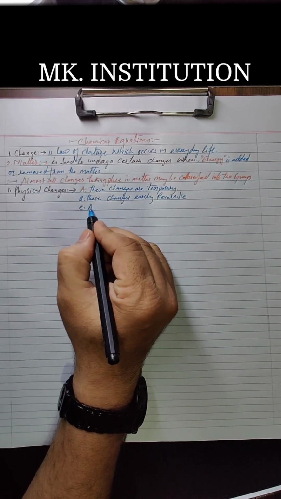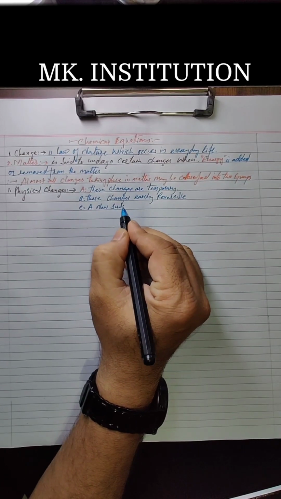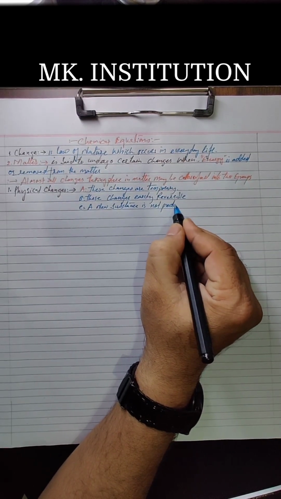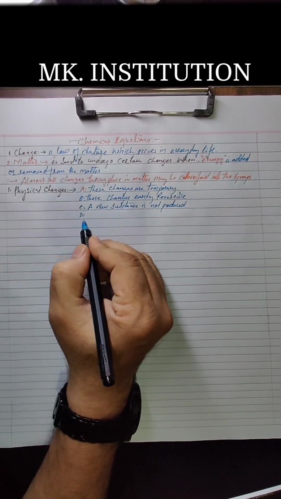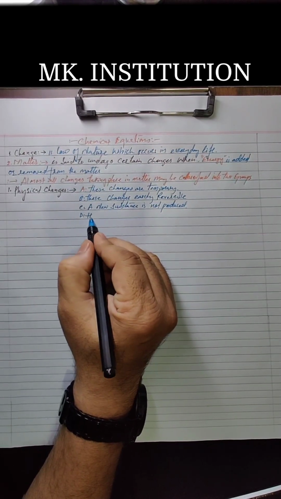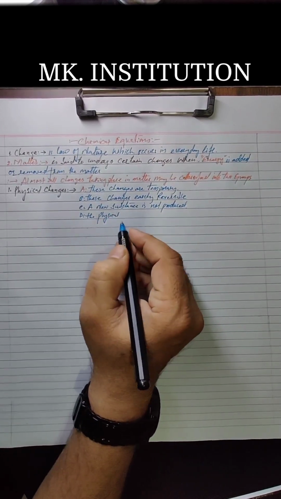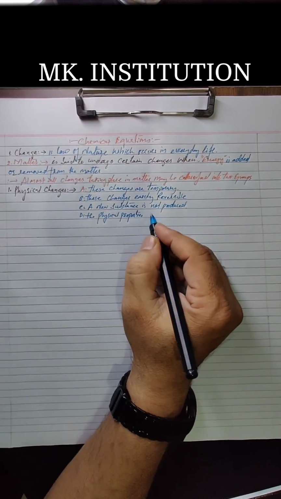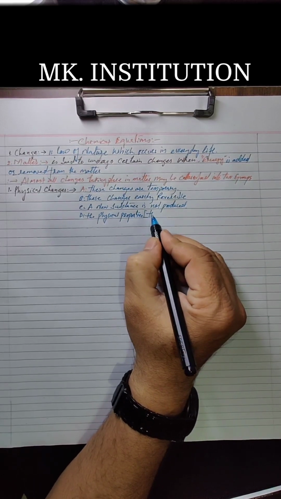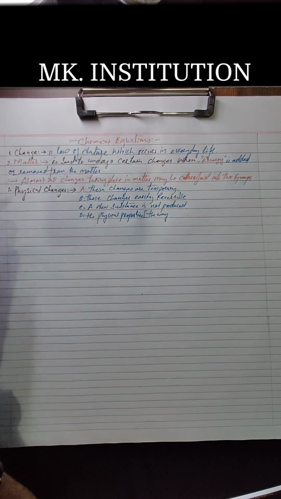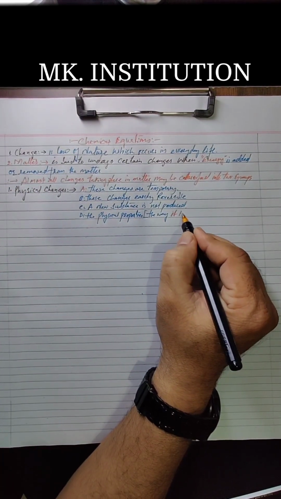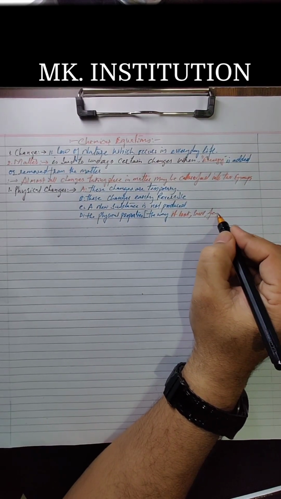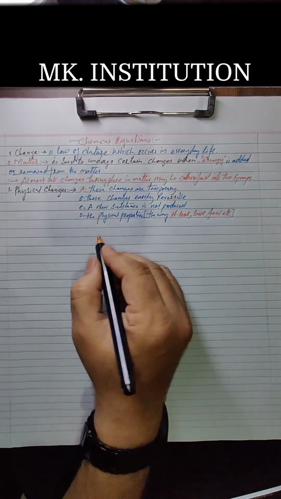Clear? And the fourth one, the physical properties, like the way it looks, and smell and feel, etc. Clear? These are all the physical properties here.